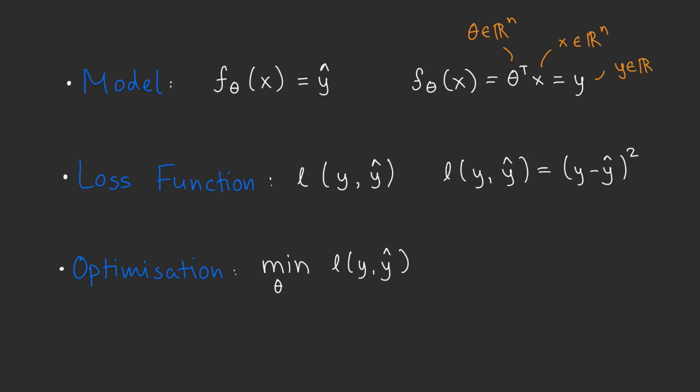One thing which I did not note here yet is that I wrote down the minimization of the loss for one prediction, but what we usually do is do this over all of our data.